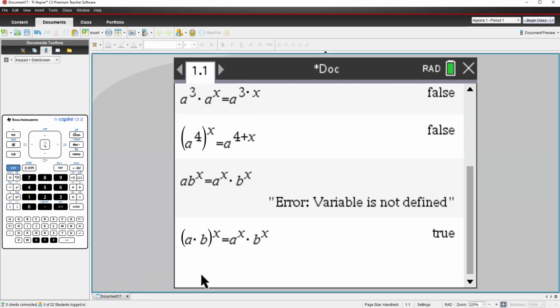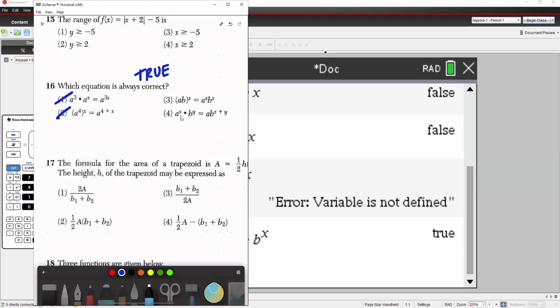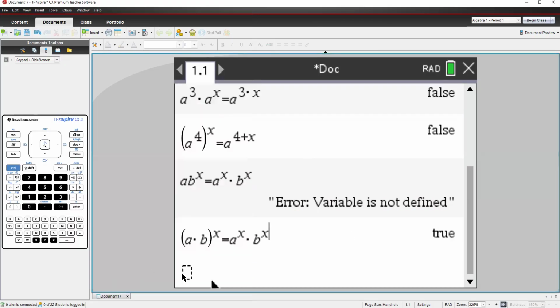So the last one is a to the x times b to the y. That's messy, but let's do it. Let's just key it in. It's going to be a to the x power.